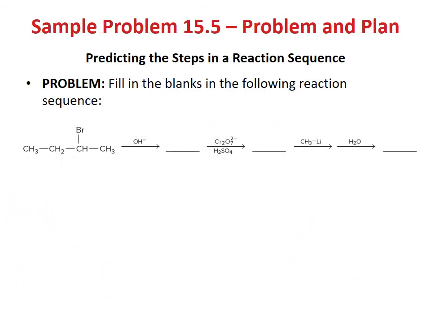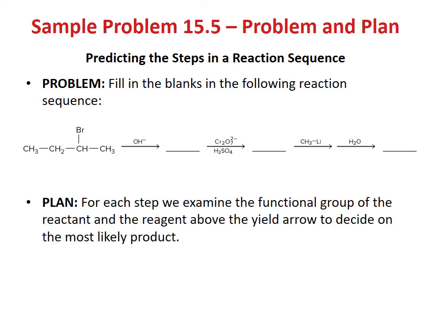Sample problem 15.5. Fill in the blanks in the following reaction sequence. For this type of reaction, we should examine the functional group of the reactant and the reagent above the yield arrow to decide on the most likely product. So let's look at the first step. This is an alkyl halide, bromobutane, and we have a hydroxide.